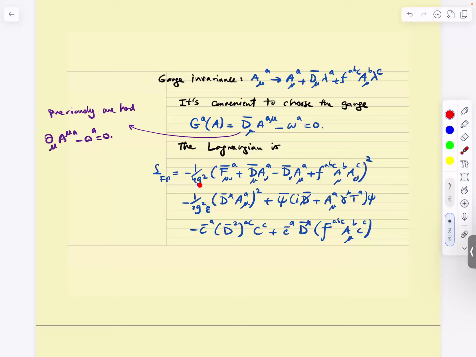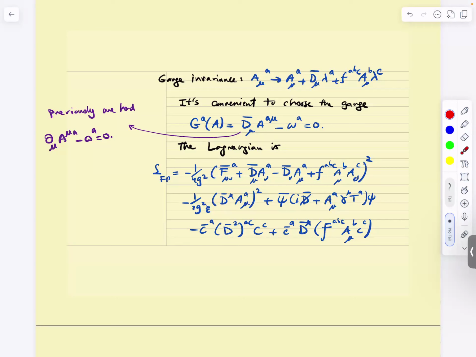Faddeev-Popov Lagrangian: 1 over 4g squared, the classical field strength plus a term that looks like the derivative of the f mu nu for the fluctuations, but now standard derivatives are replaced by the covariant derivatives with respect to the background gauge fields, plus a term which is bilinear squared, right? And then we're going to get a gauge fixing term because of this, which is 1 over 2g squared c, d bar a mu, right?